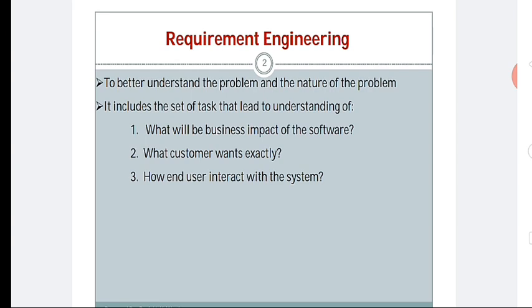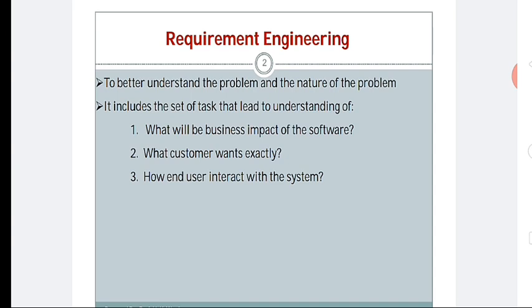Then it includes a set of tasks that lead to understanding the business impact of the software. So requirement engineering consists of a set of tasks, and what are those tasks used for?